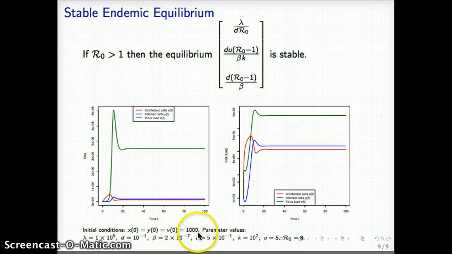The initial conditions and parameter values used for computing these numerical solutions are specified here. You're encouraged to use LSODA and to code up these equations and replicate these very same solutions. And also you should try doing the regular plot and the semi-log plot.